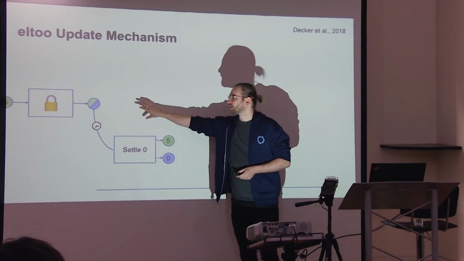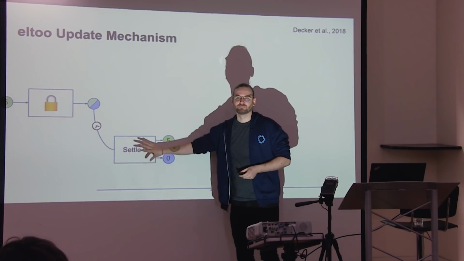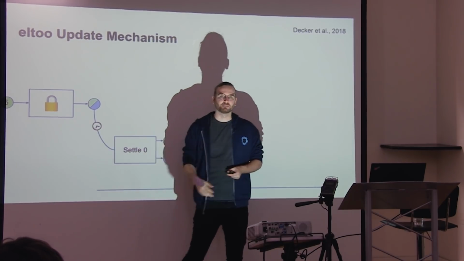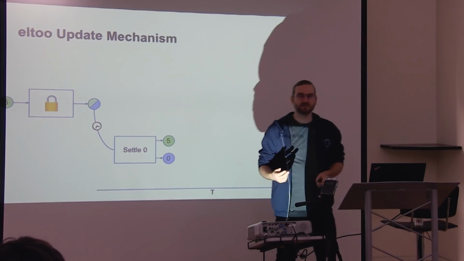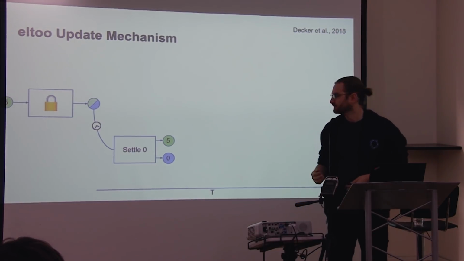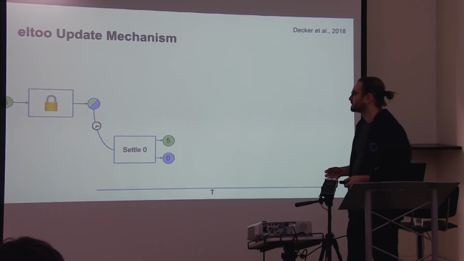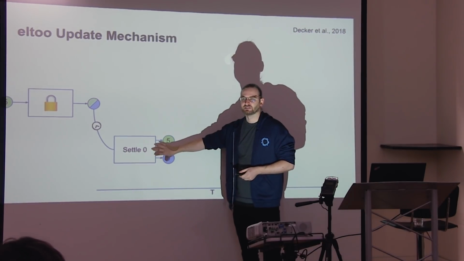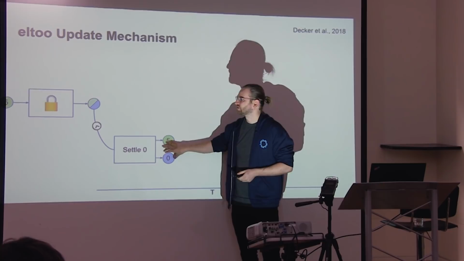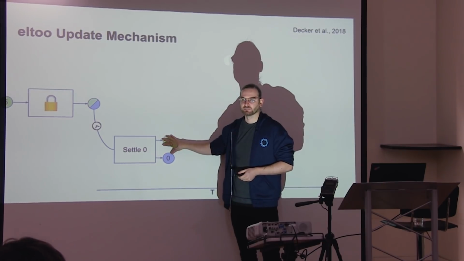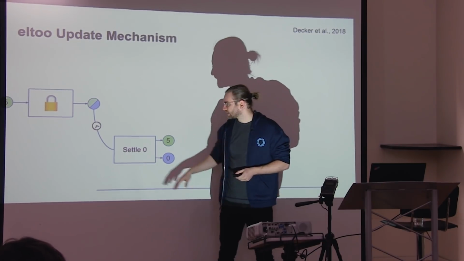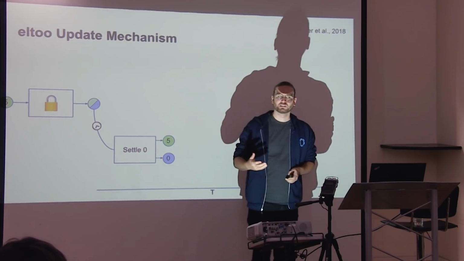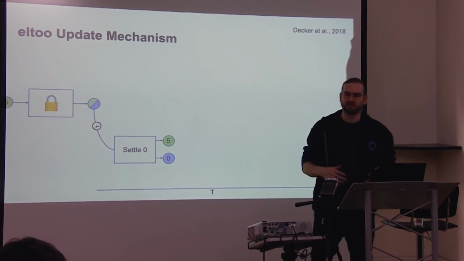This time, I drew it below here, and if you can see the small clock, it means that this transaction is time locked. So what we do is create the setup transaction and immediately create settlement 0. Settlement 0 just gives back the money to the green participant, and we encumber this transaction using a time lock. So this settlement will become valid after, let's say, a day.